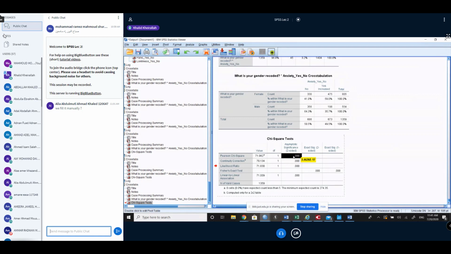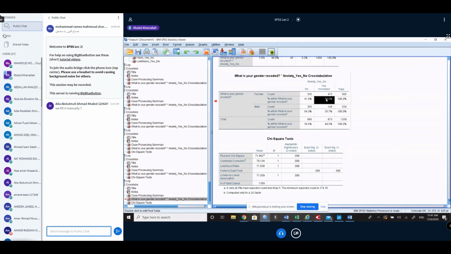So if you remember, the null hypothesis is the hypothesis that says there's no difference. The percentage of anxiety among males here equals the percentage of anxiety among females.